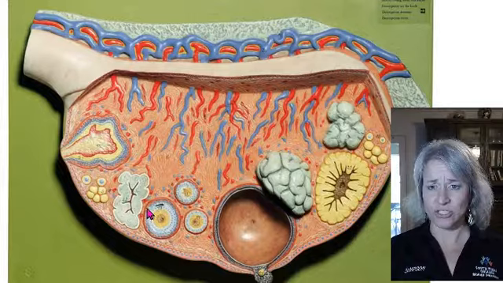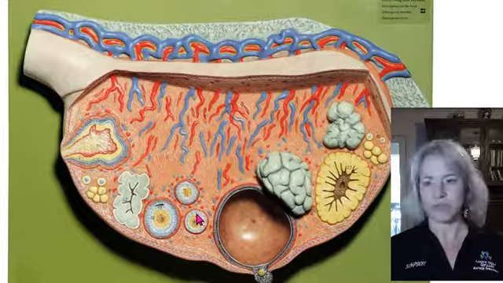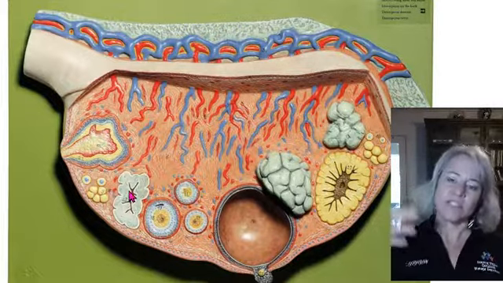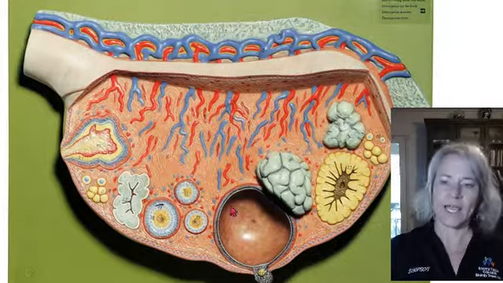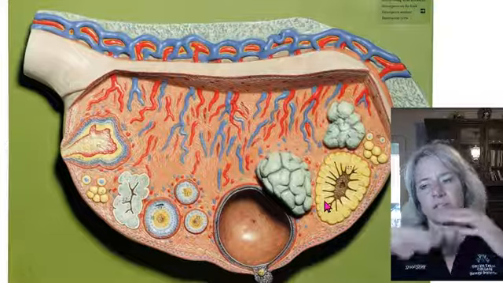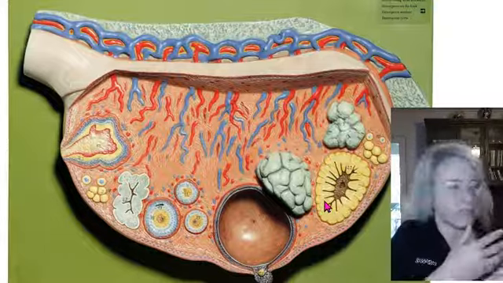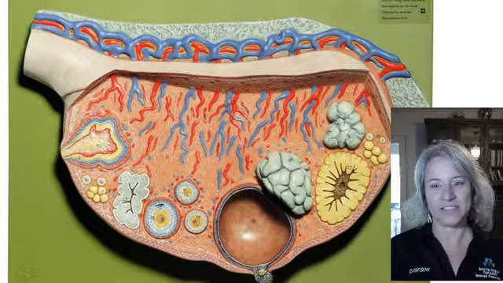And it's these structures that are releasing the estrogen and the progesterone. As the follicle develops, it's releasing more and more estrogen, and as it changes, later it will release progesterone.